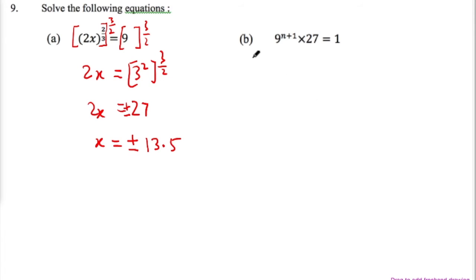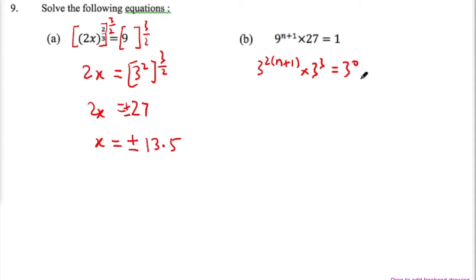In question 9b, we can see that we have an unknown power. To solve a sum with an unknown power, we make a common base. That means we are expressing all to base 3. And 1 is expressed as 3 to the power of 0.